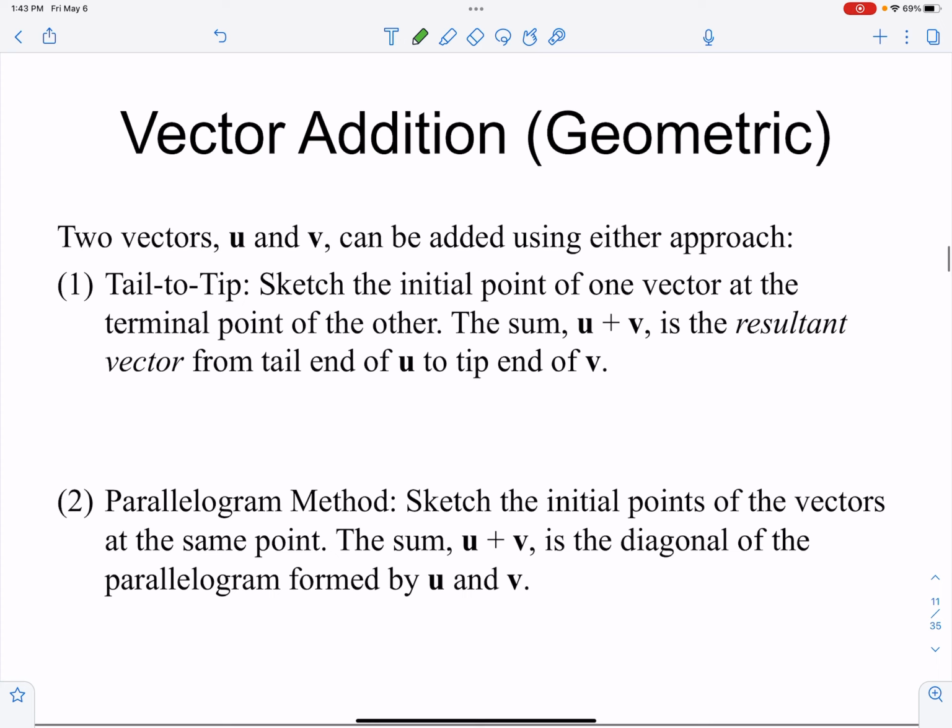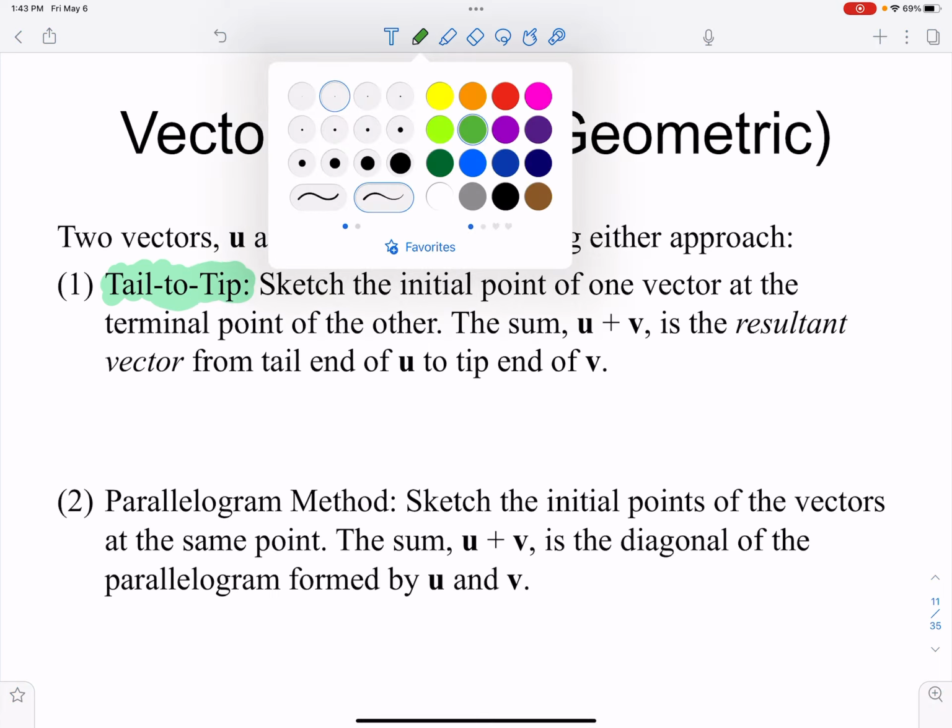So we're going to talk about the geometric interpretation of vector addition, and there are two different perspectives or methods that we think about when we think about vector addition. The first one that we're going to look at is the tail to tip method, and that would be thinking about having two vectors.